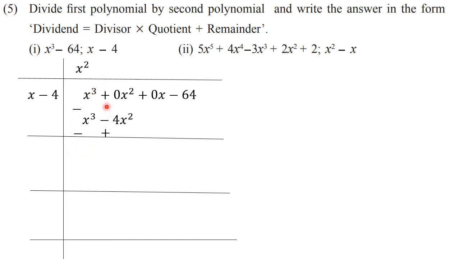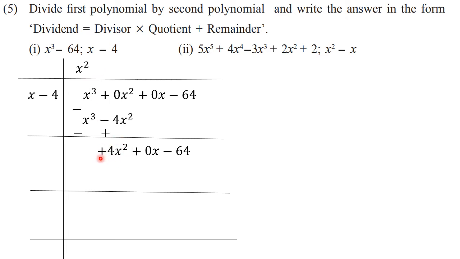And here plus 0x square plus 4x square. Think of the new sign or change sign. So 0 plus 4, we are going to get 4x square, and then the remaining terms from the dividend you have to copy down. Okay, so answer of this is plus 4x square, and the remaining terms are carried forward as it is.